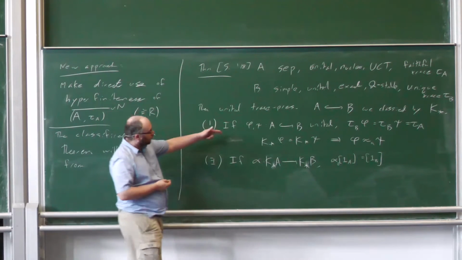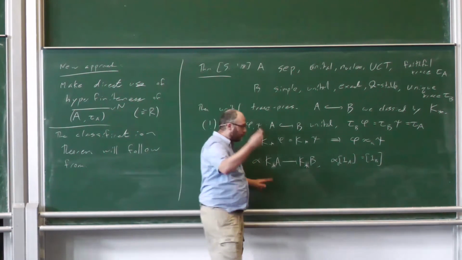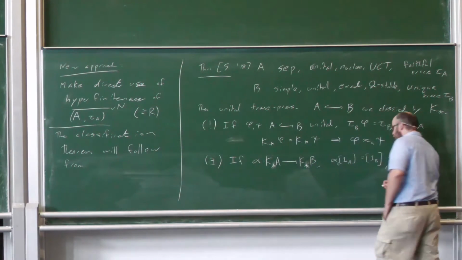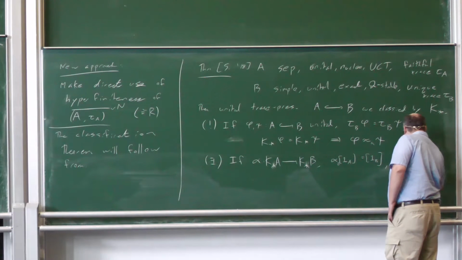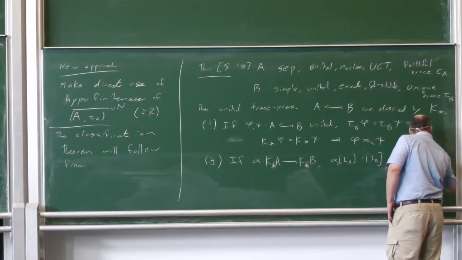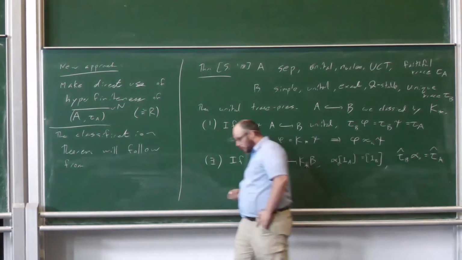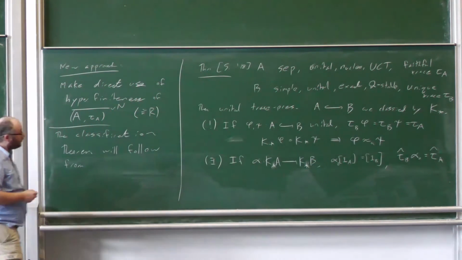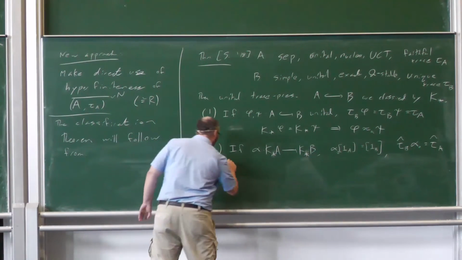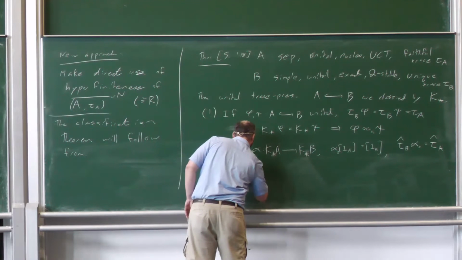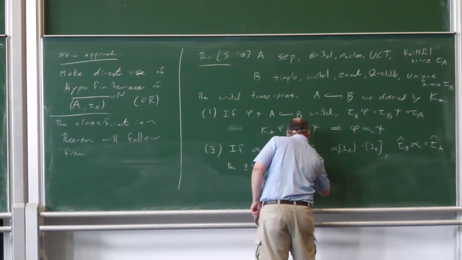The trace on A will induce a state on K0 of A by just evaluating the trace on projections. Tau B alpha naught equals tau A. Maybe I'll put hats on these for the induced maps on K0. Then there's a unital trace preserving phi which realizes this.